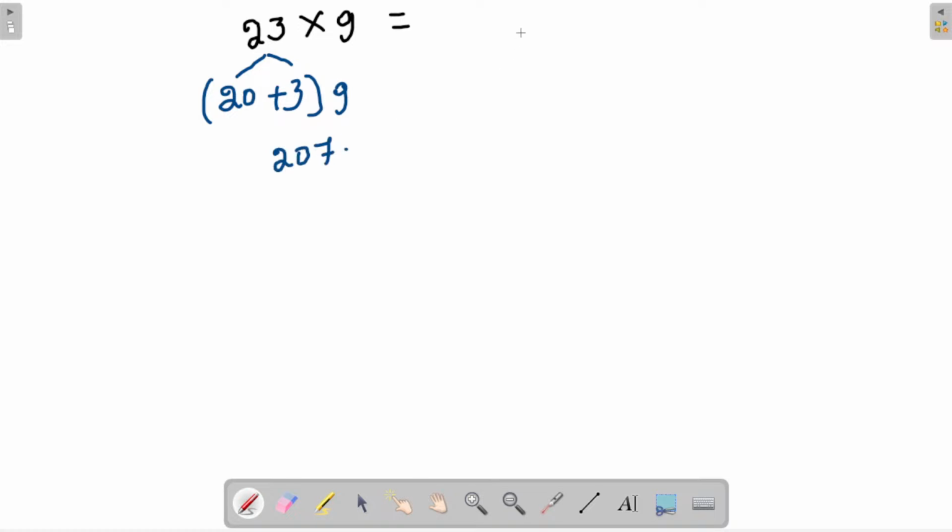207. Okay, now for example I have 29 into 12. How to split this number? Can I write 30 minus 1 also? You have to think which is best, 20 plus 9 or 30 minus 1. That is up to you.